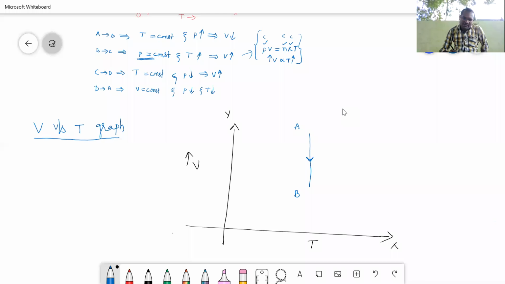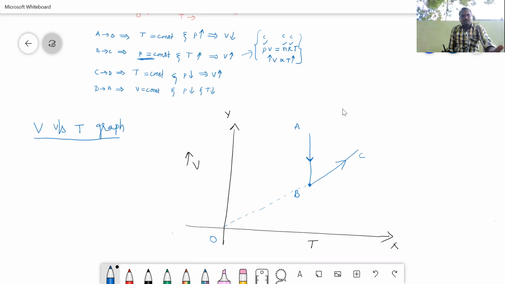Line should pass through the origin. Temperature is increasing, volume also increasing. Okay. It came to C point.